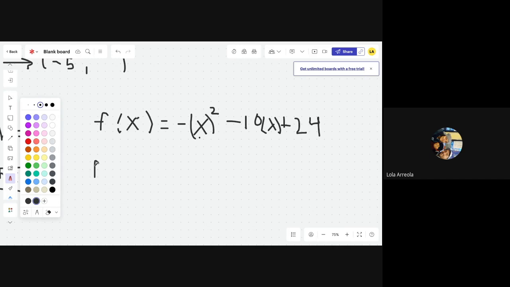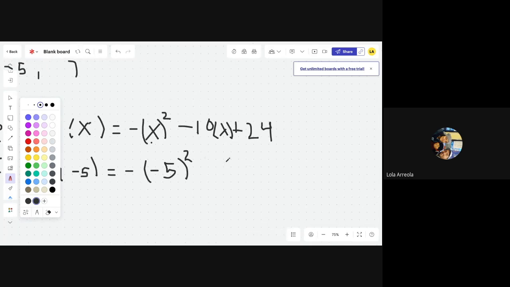Now I'm going to plug in -5 for x. Make sense? Minus 10 times negative 5. Again, that means times. Plus 24.